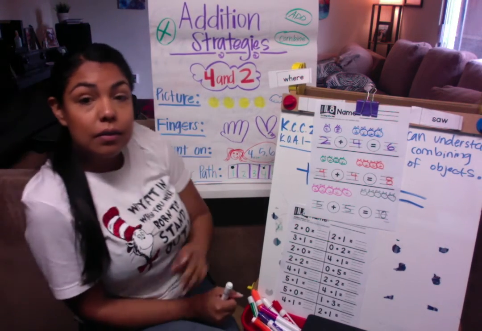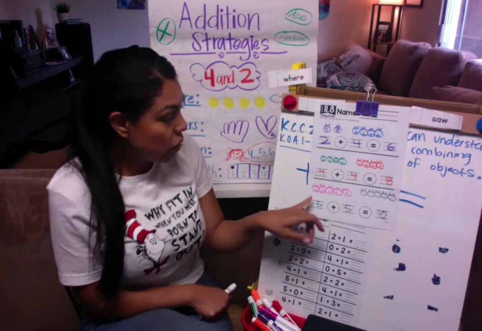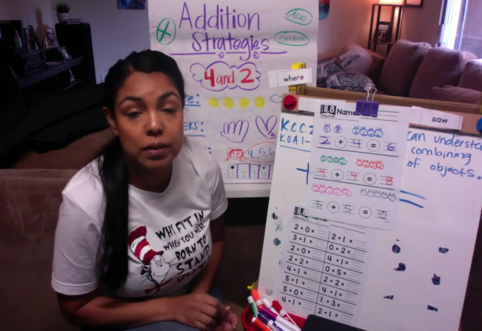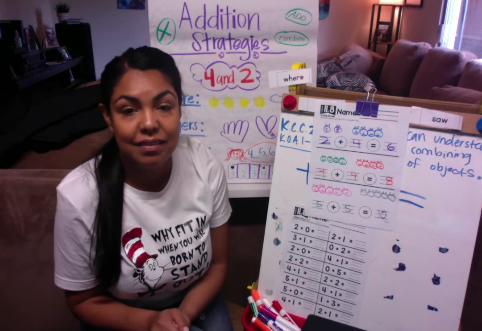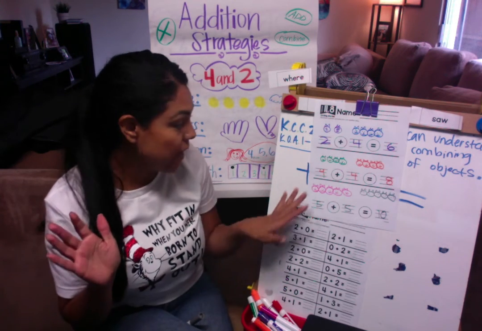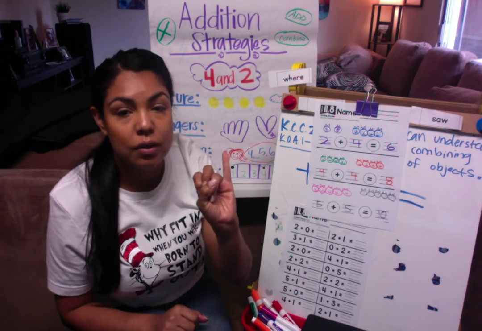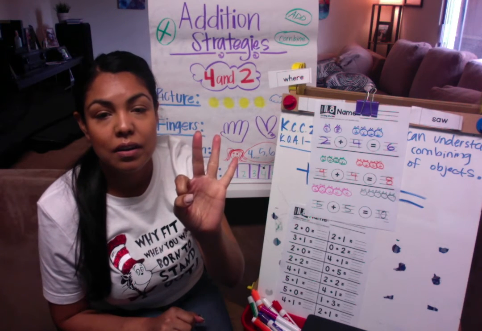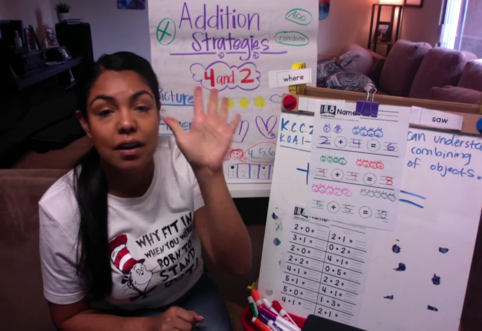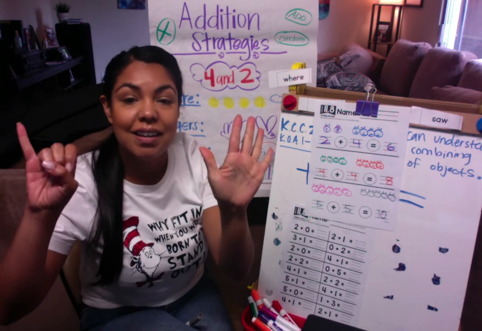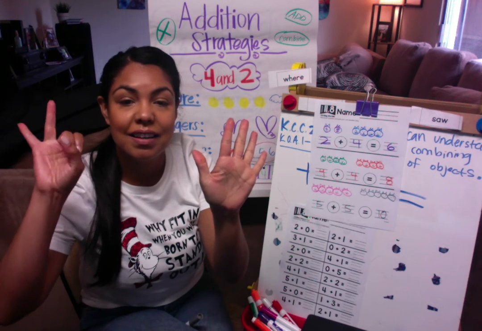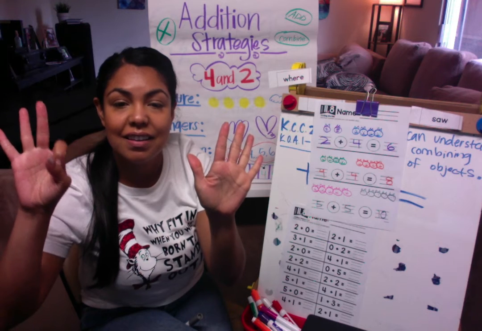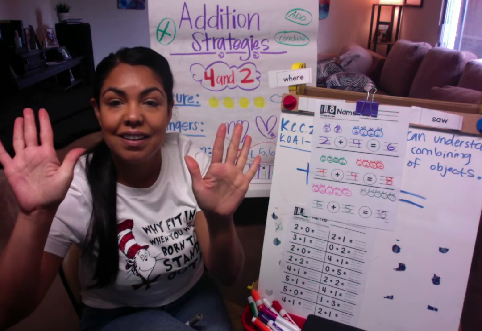I want to do fingers. Okay, let's do fingers. So if I have 5 pink and 5 gray, how can that look on your fingers? Show me your fingers. Okay, let's do 5 pink first. Ready? 1, 2, 3, 4, 5, 6, 7, 8, 9, 10.